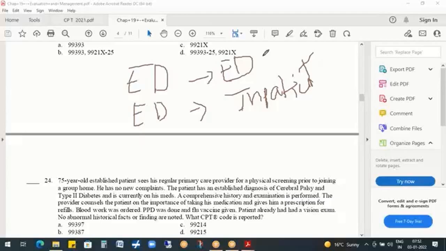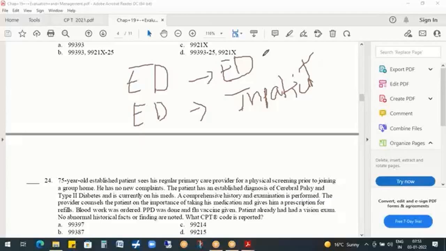For new patients, how many key components are required to evaluate a level? 3 key components. If 3 out of 3 key components are not from the same level, how we need to code? Code to the lowest level. Now, for established patients or in subsequent visits, how many key components are required to evaluate an E&M level?